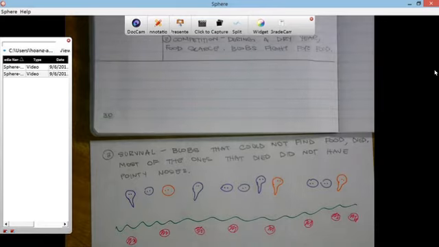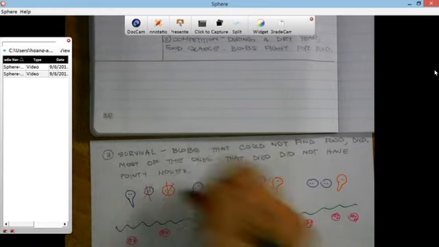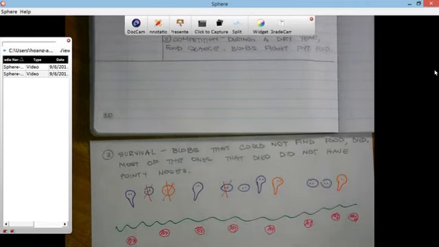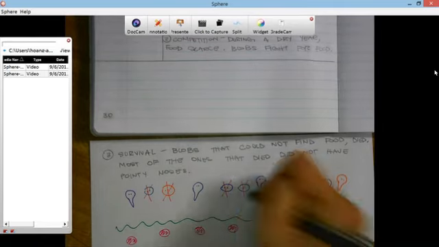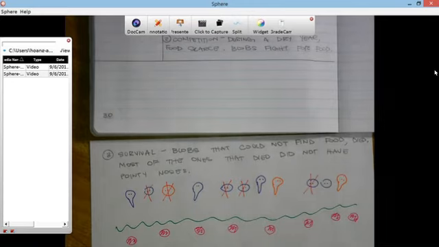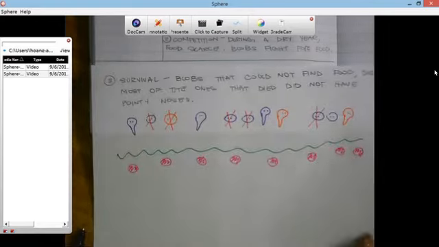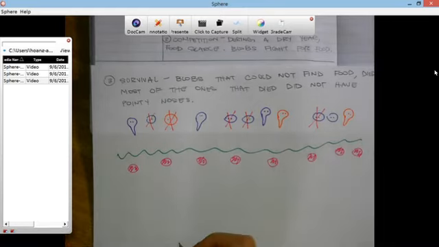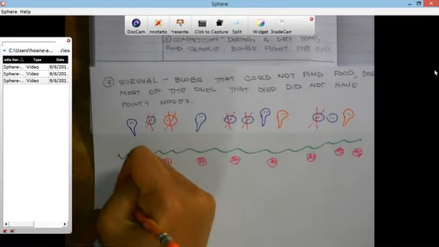So what ended up happening is over time, the blobs without the pointy noses would die. So when they died, and if we go into our fourth point, if they died, they were not able to reproduce.